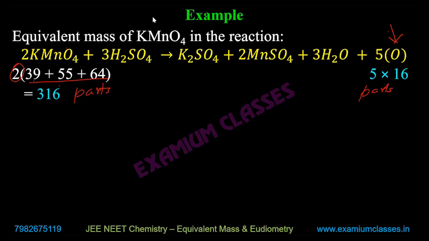Sir, we will apply the unitary method. 5 into 16 parts by mass of oxygen is produced by 316 parts by mass of KMnO4. So 16 parts by mass will be produced by how much KMnO4? Basically, you told me everything correct, even the definition. Only the last step is not correct. Otherwise, everything is correct. Good. Shashwat, do you want to say something?